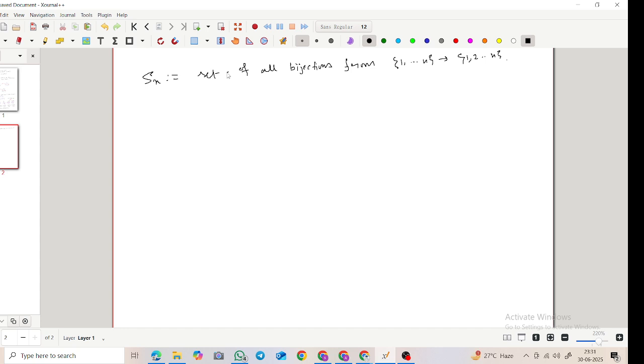Yes. Why? Because composition of two bijections is a bijection. Inverse of a bijection is a bijection, right?